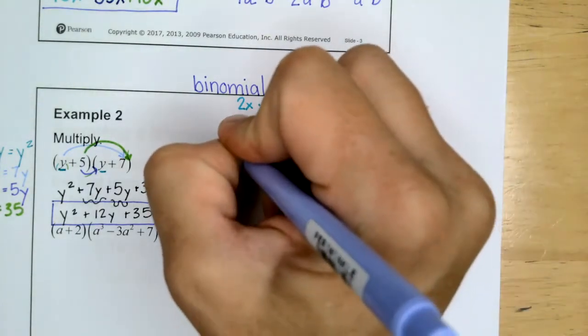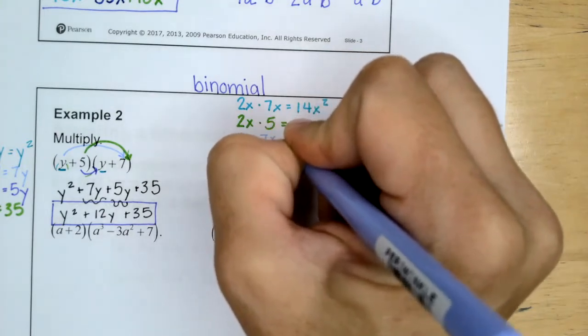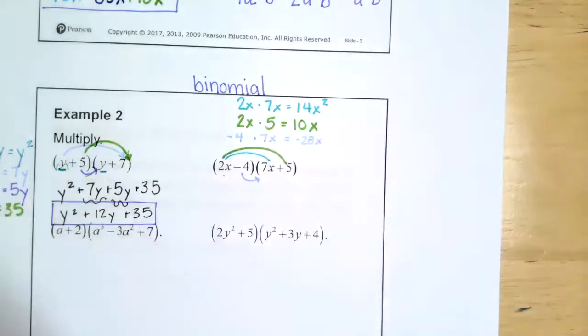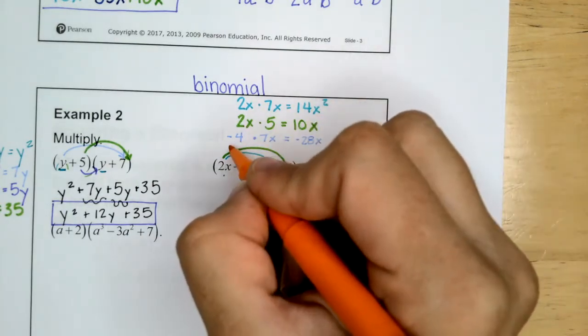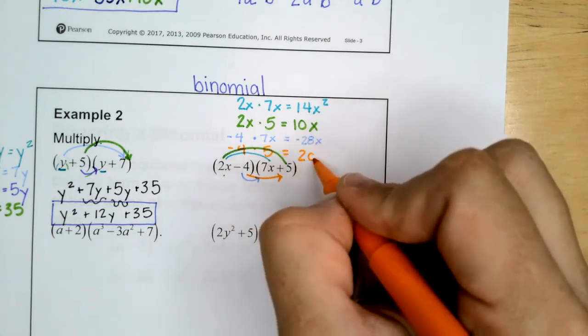Negative 4, take the sign with it, times 7x is negative 28x. And then negative 4 times positive 5. Negative 4 times a positive 5 is 20.